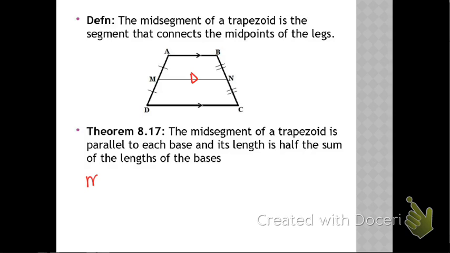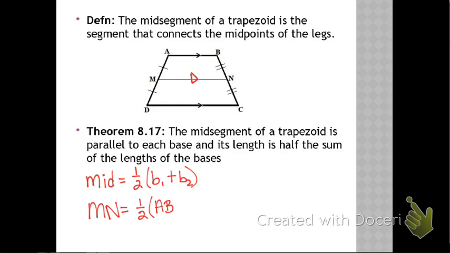So the midsegment is equal to half of base 1 plus base 2. Or for this particular diagram, we could say MN is equal to 1/2 of AB plus DC. Okay, so two things about it. It's parallel to each base. Its length is half the sum of the bases.